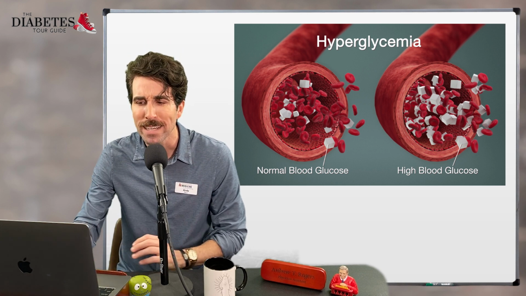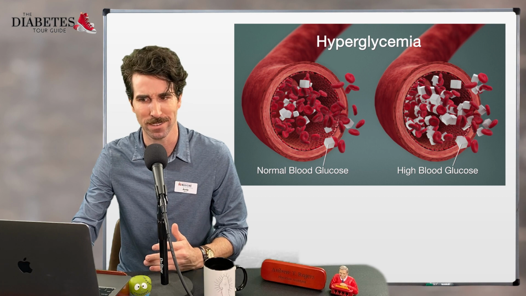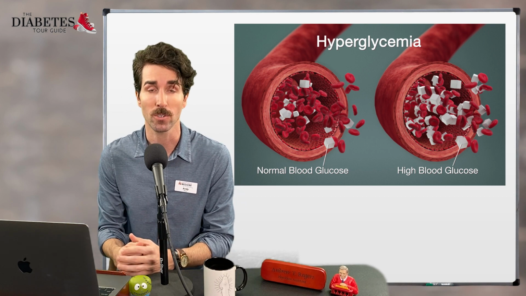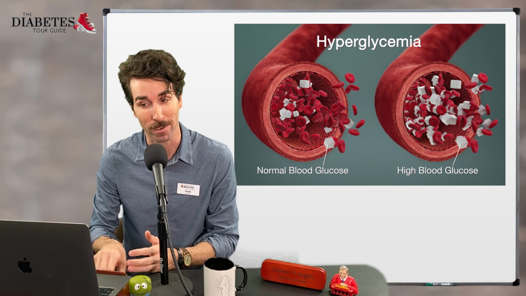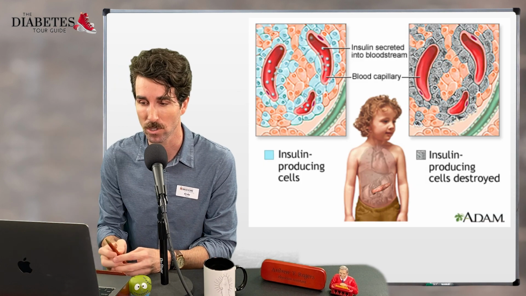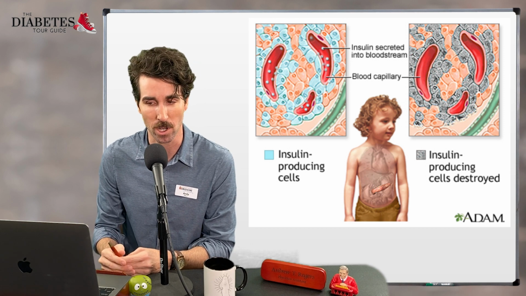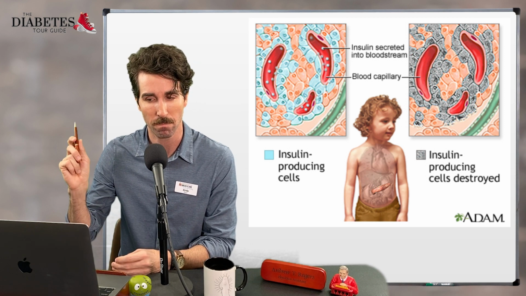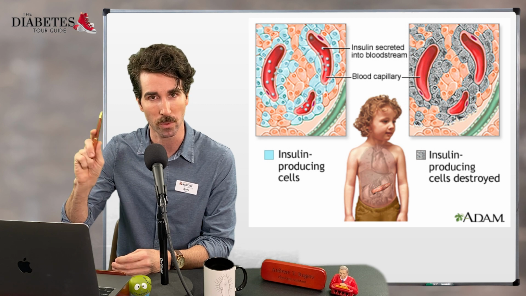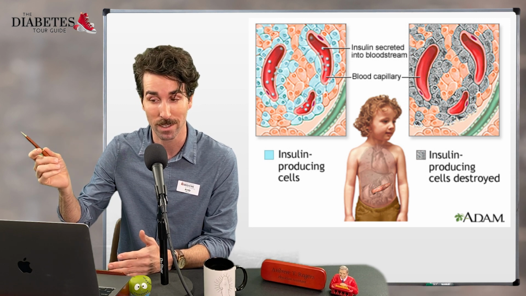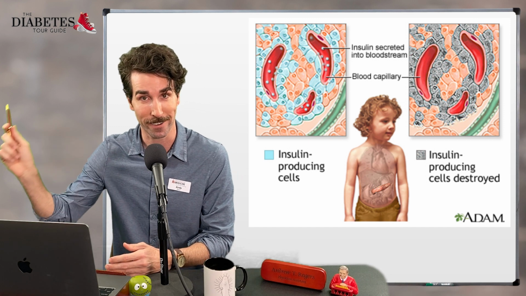But why does this happen, and when does this happen? When there's not enough insulin. Let's refer to the second diagram of the day. So you'll notice too that this is a pretty simple diagram as well, but we'll notice that there is a patient right here in the middle between two versions of insulin producing cells that are there and that are not there.